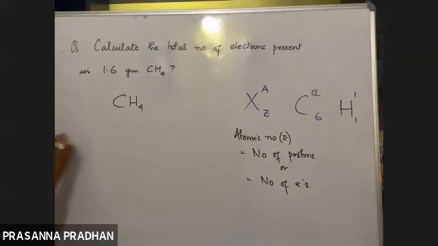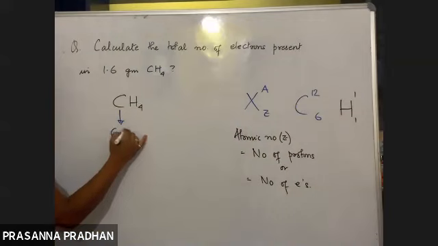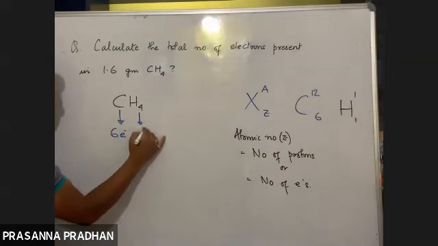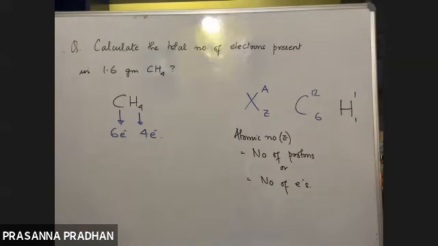Now we know in one atom of carbon, I have 6 electrons. In one atom of hydrogen, I have 1 electron. In 4 atoms of hydrogen, I have 4 electrons.